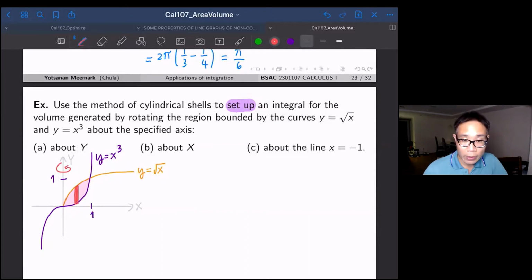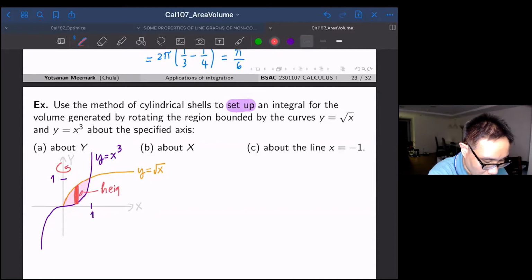Okay, so you have this height. You're rotating about the y-axis, and I draw the height parallel. So this one will be your height parallel to the y-axis.